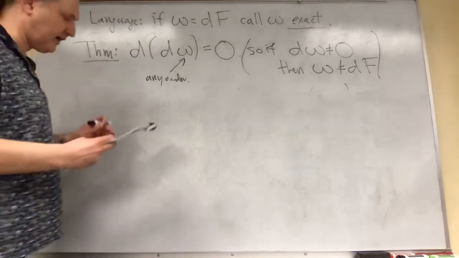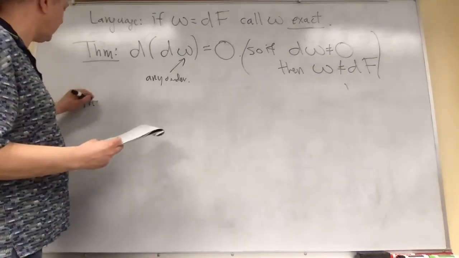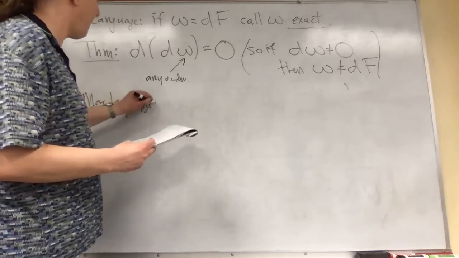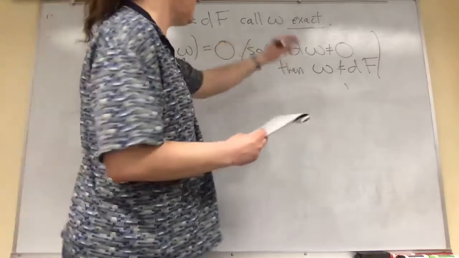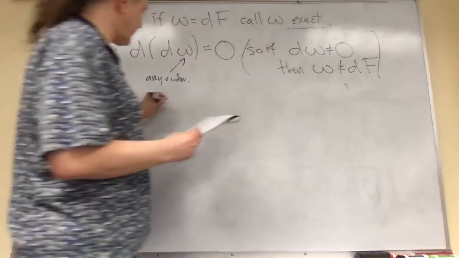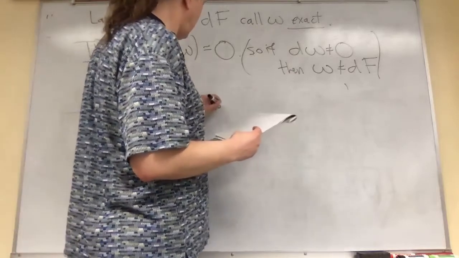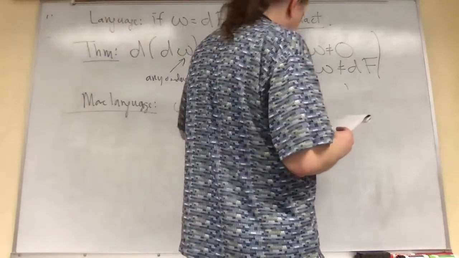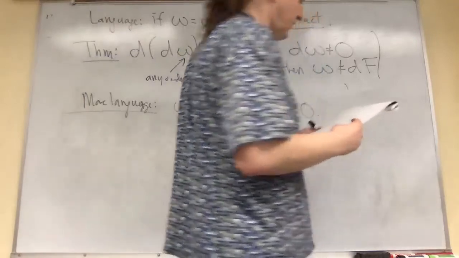And let's have some more language, especially because of this here. We will say omega is closed if d omega is 0.